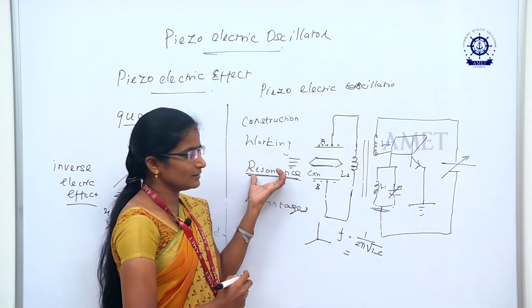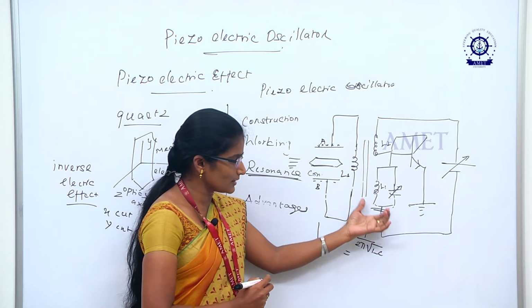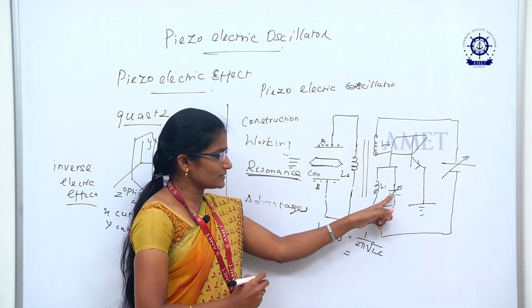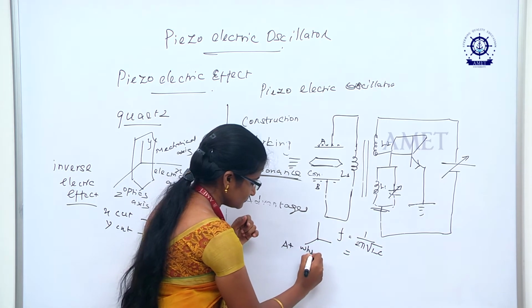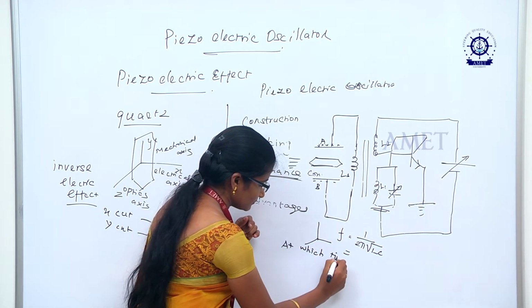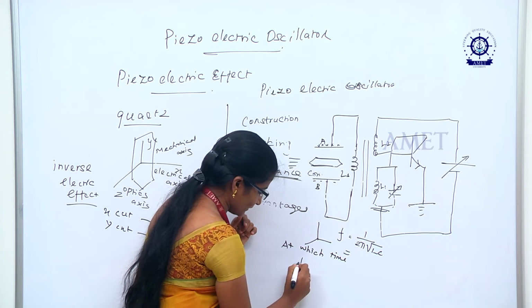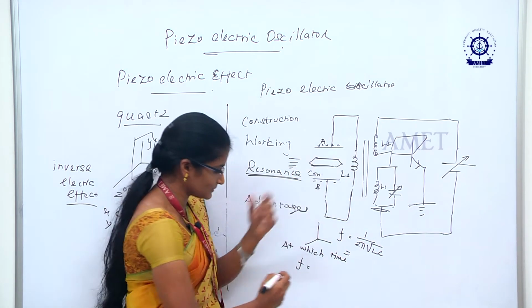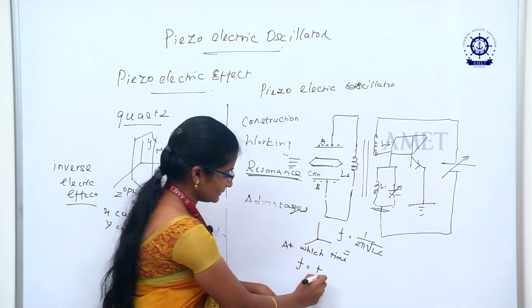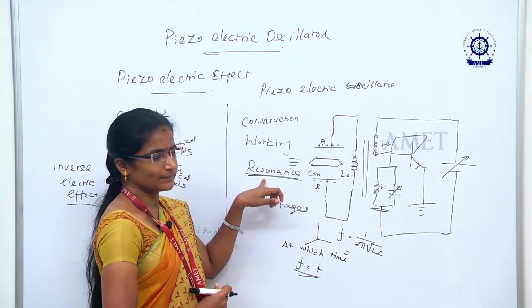What is the resonance condition? The frequency changes according to the variable capacitor value, and at the time when the oscillator frequency F is equal to the natural frequency of the crystal vibration, only then does resonance occur.